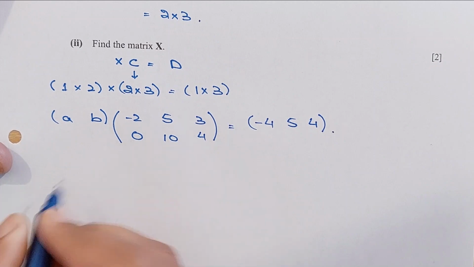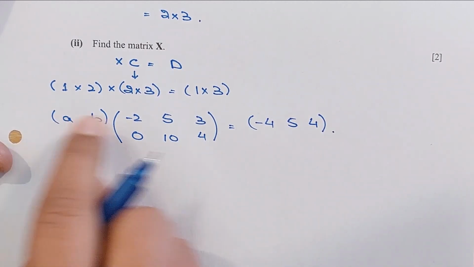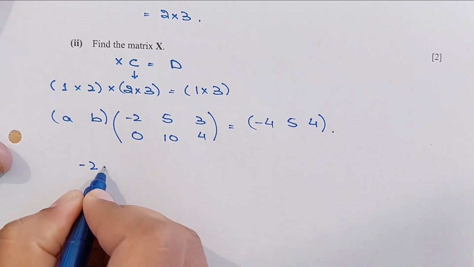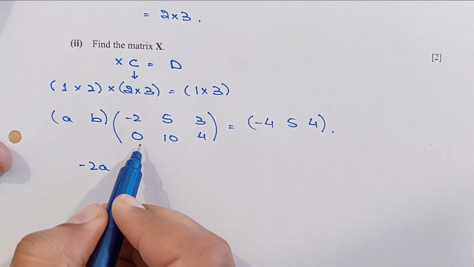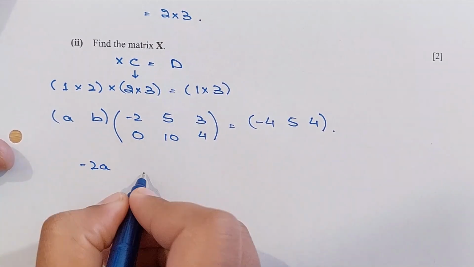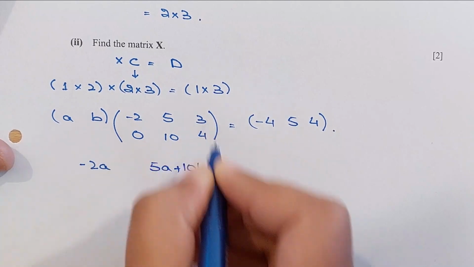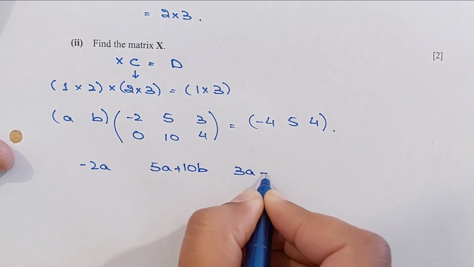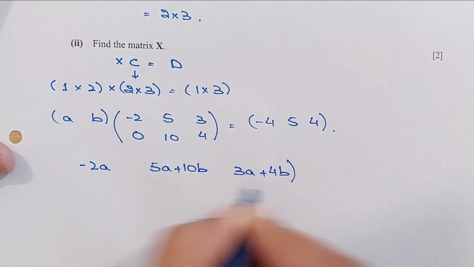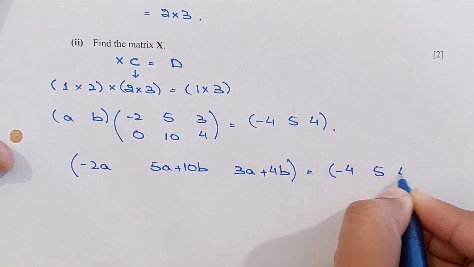This row is multiplying with the column, so minus 2 times A, minus 2A, and B times 0 is just 0, right? And then 2 times 5, 5A plus 10B, 3A plus 4B. This is equal to minus 4, 5, and 4.